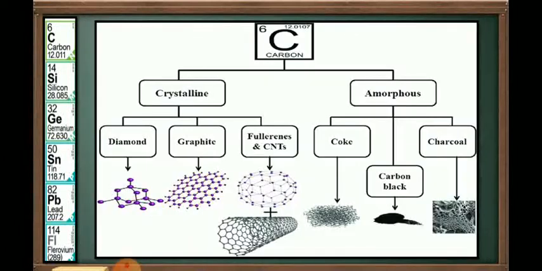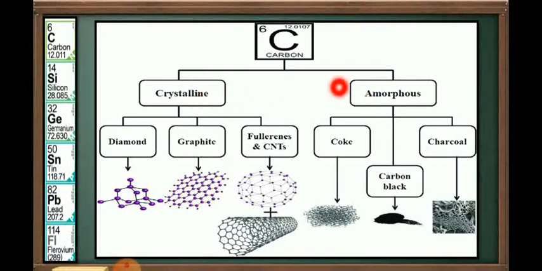Carbon has mainly two types of allotropes. They are crystalline allotropes and amorphous allotropes. This classification is done mainly based on their crystalline structure, the crystalline lattice.